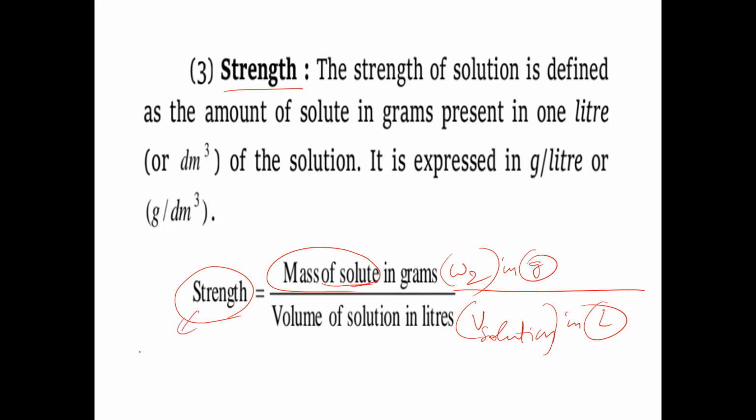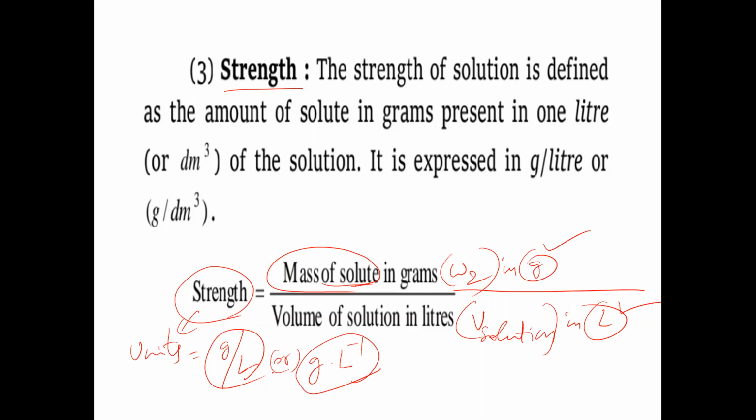What will be the units of this? Gram per liter. Gram is the weight of solute, and liter is the volume of solution. So gram per liter, gram liter inverse, is the unit of strength of solution.